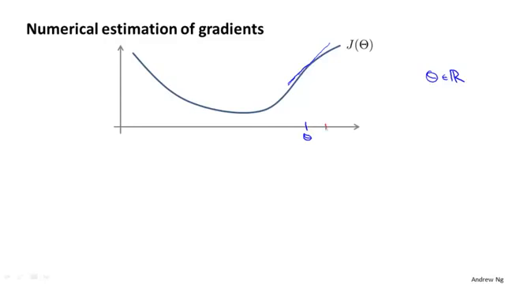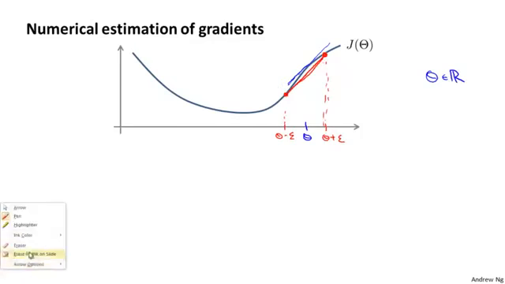I'm going to compute theta plus epsilon, so a value a little bit to the right, and theta minus epsilon, and I'm going to look at those 2 points and connect them by a straight line, and I'm going to use the slope of that little red line as my approximation to the derivative, where the true derivative is the slope of that blue line over there. So it seems like it would be a pretty good approximation.